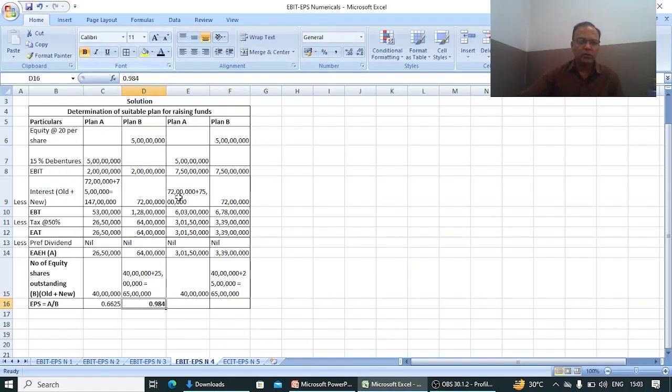So it is preferable that if you are going to collect rupees 5 crore, then you should take the help of equity shares. Plan A.